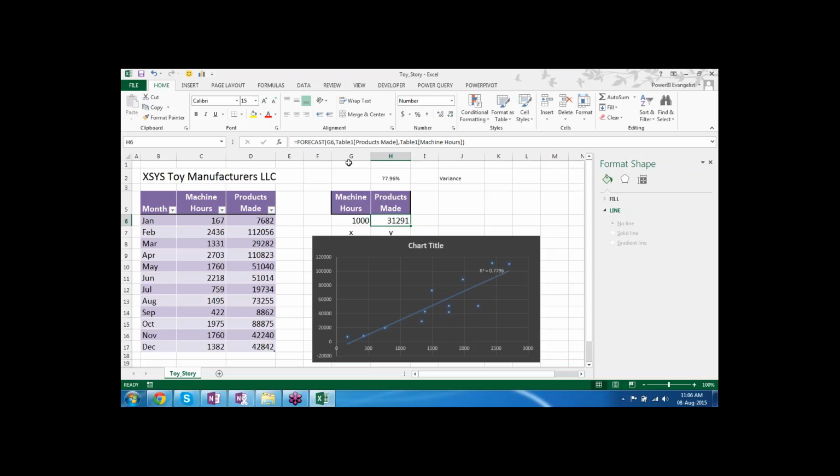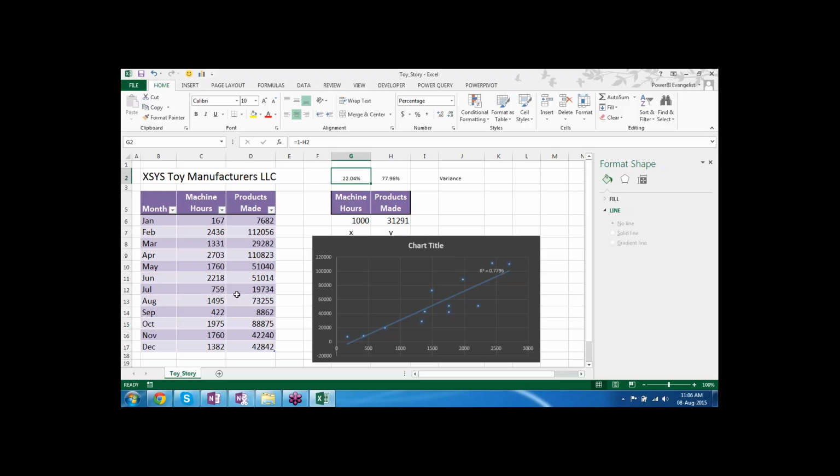So we have to find out what is the gap. The gap is equal to 1 minus this. This is the gap, right? So 22.04% is the gap. They are not 100% correlated, so there is a gap of 22% in my data.